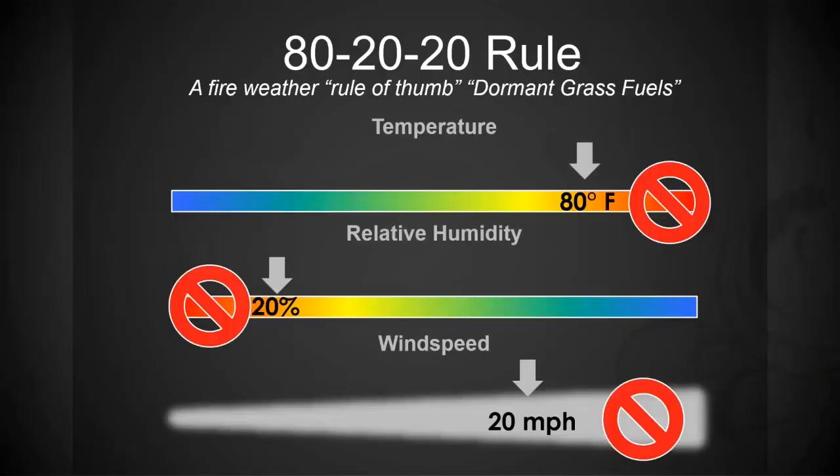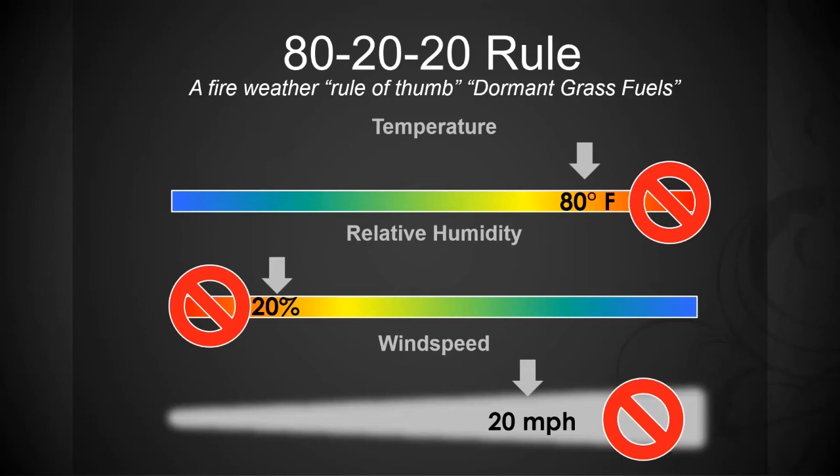So we don't use this rule of thumb much anymore, except for when we talk about dormant grass fuels. When we talk about dormant grass fuels and burning, we try to stick to this and say we don't want to burn over 80 degrees. Typically in the dormant springtime, if it gets above 80 degrees, that means our humidity is going to get even lower.